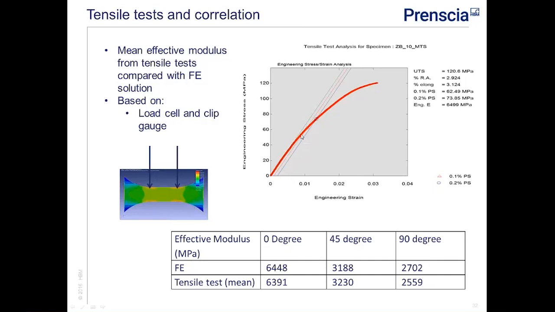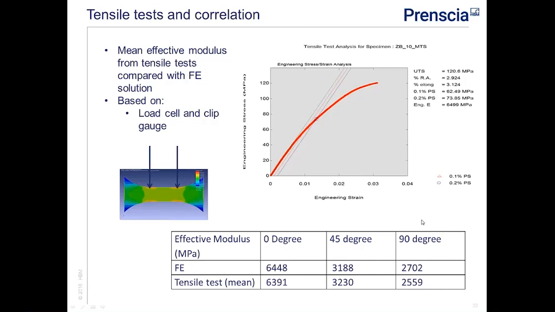And what I've done here is to predict the stiffness of this gauge section of the specimen using the FE based on my homogenization and all the individual properties. And the table at the bottom gives you the comparison between the FE and the tensile test results, mean tensile test results for the 0, 45 degree and 90 degree orientations.